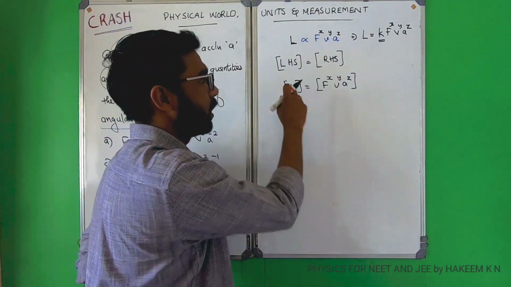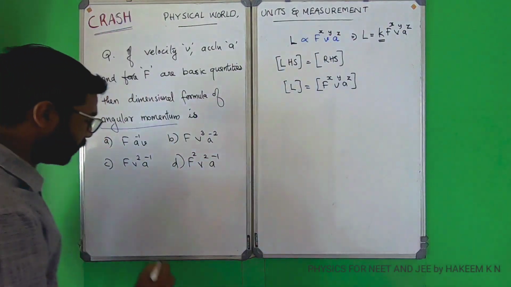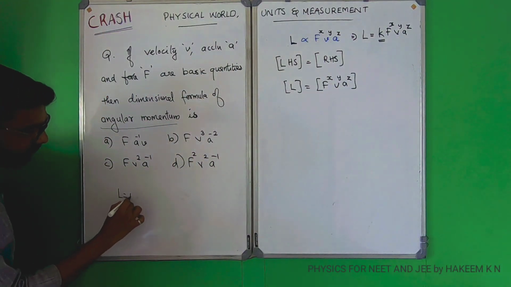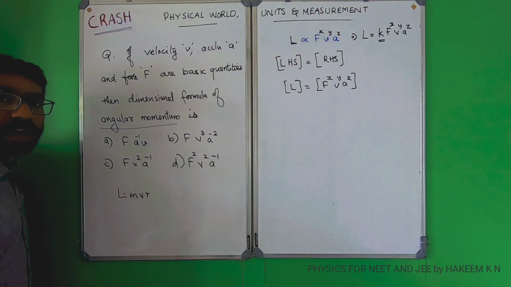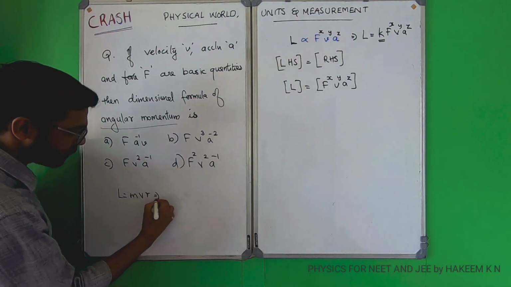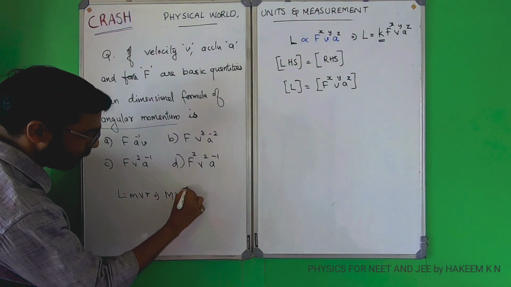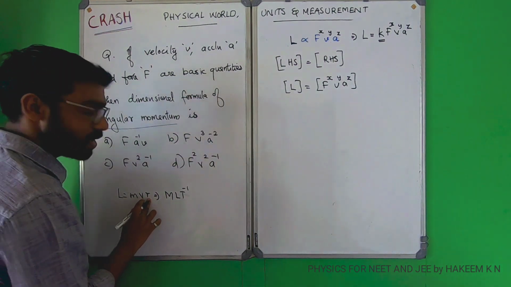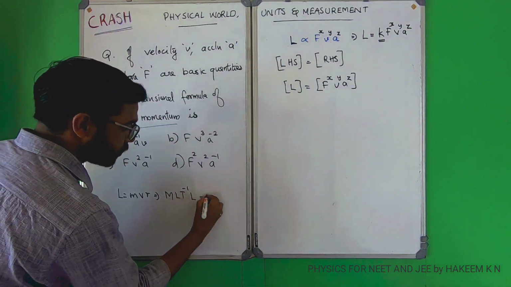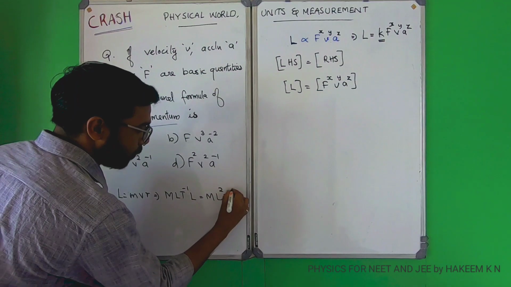What is the dimension of angular momentum? The simple equation of angular momentum is mvr or r cross p. M is mass, velocity is LT^-1 and r is the radius, which is L. So we will get ML^2T^-1.